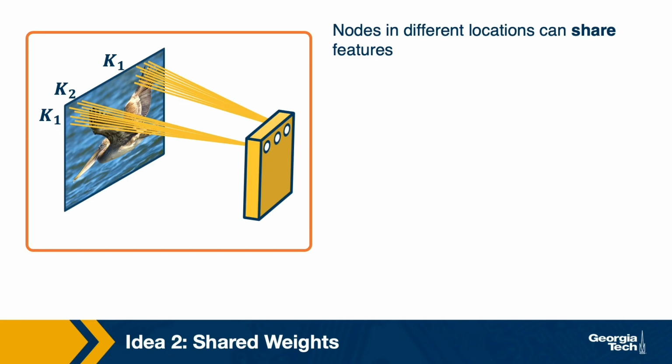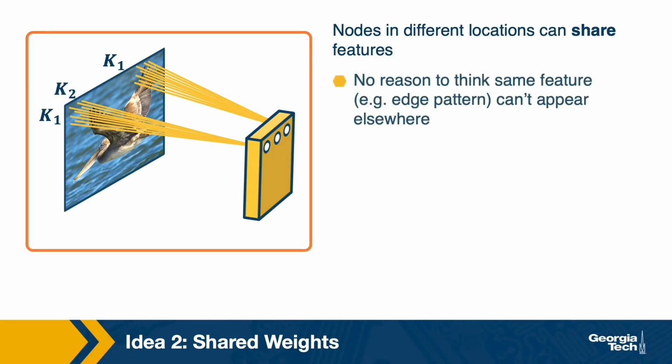Weight sharing means that the specific weights, for example, W11 for the leftmost node, is going to be the same as W11 for the rightmost node. The way you can accomplish this is by just having the same variable in the computation graph feed into both of these nodes. And so we'll have several nodes across the entire output all share weights.